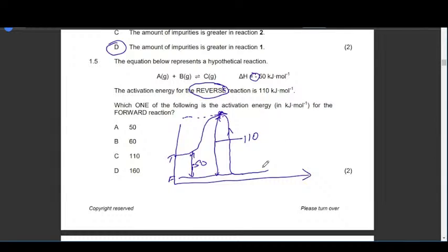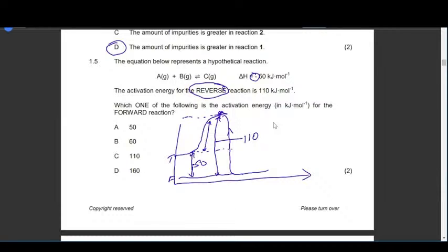All right. Now, the question is asking, which one of the following is the activation energy for the forward reaction? So it means that the activation energy for forward reaction is going to be this, from here to there. So that's going to be the activation energy, whereby what am I going to do? So I have to subtract this from this.